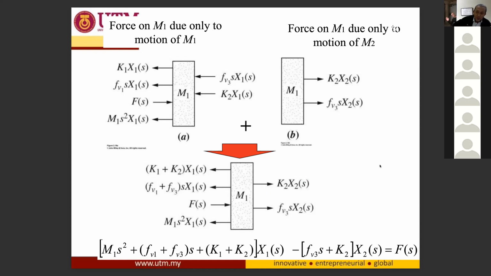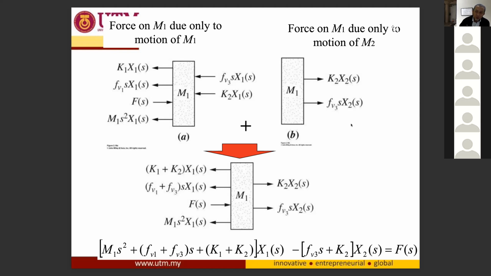Is there any force dragging this body back? No, because you read the sentence here: force on M1 due only to the motion of M1, when M1 is moved and M2 we assume is not moved. Then force on M1 due only to the motion of M2. See, so M2 will not move.